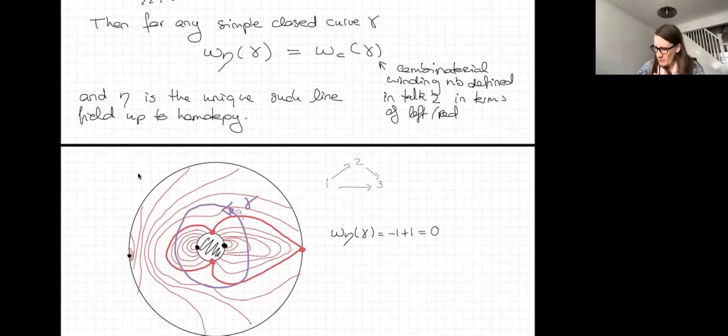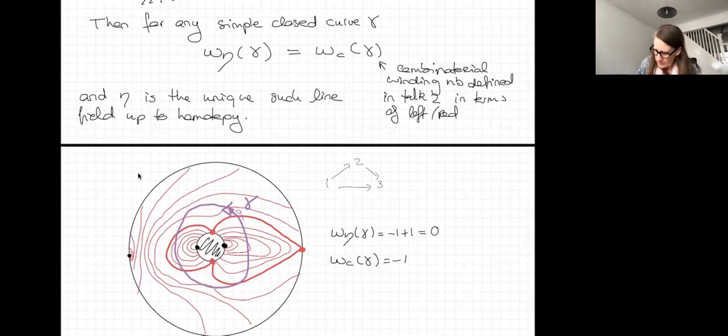And now if you remember the combinatorial winding number, you always go from one intersection of the red graph along the curve to the next one, and then you check whether your black mark point is on the left or on the right. And here it's on the right, and when it's on the right, we do -1.